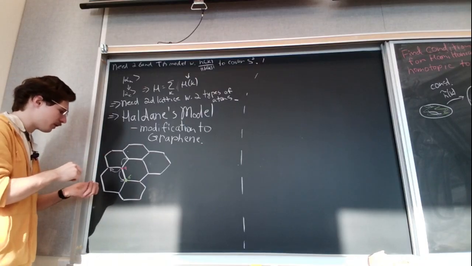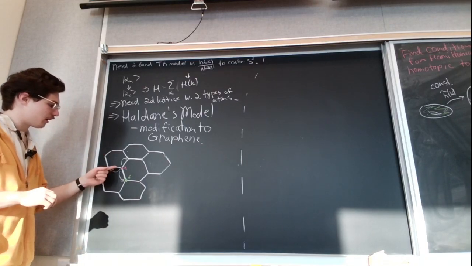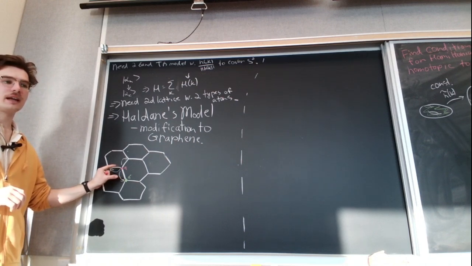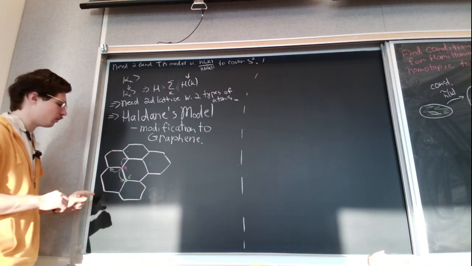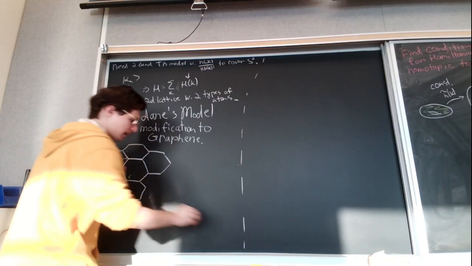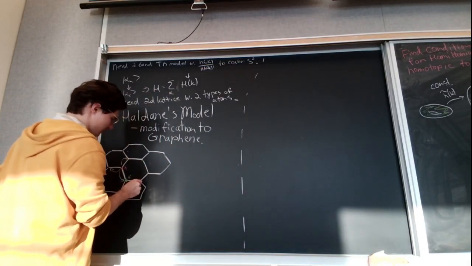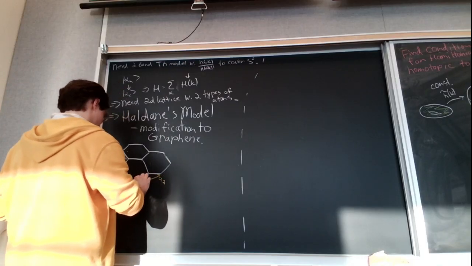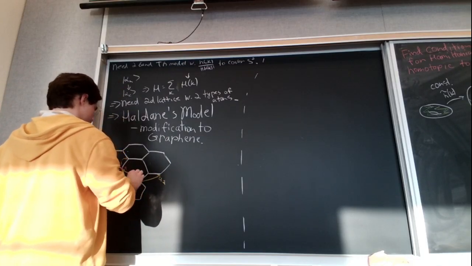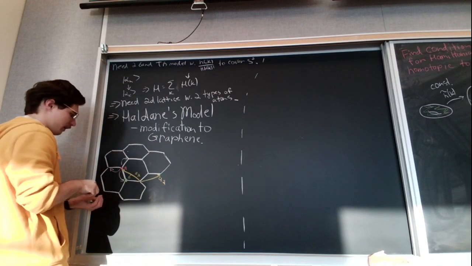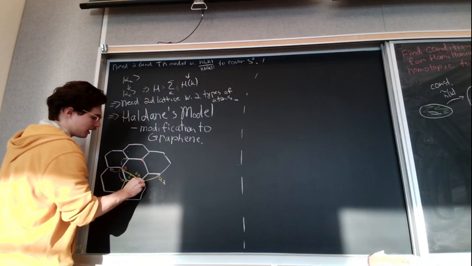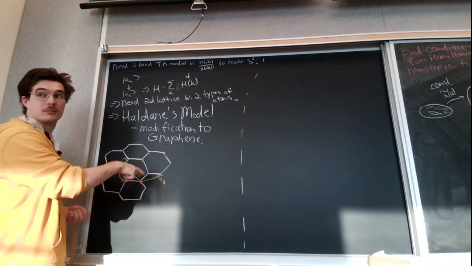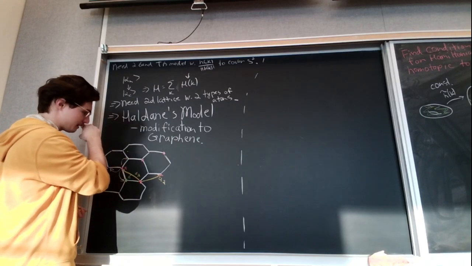Oh yeah, I also forgot to mention that I get this lattice, given these two vectors, using the following lattice vectors. This is going to be my A1, and this is going to be my A2. So any two points connected by these lattice vectors or some linear combination of them are from the same sublattice.